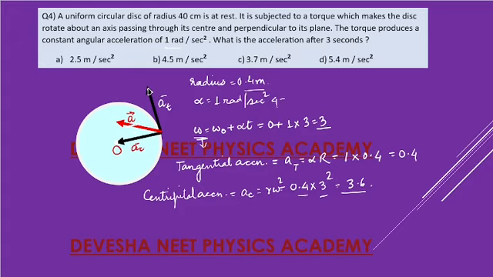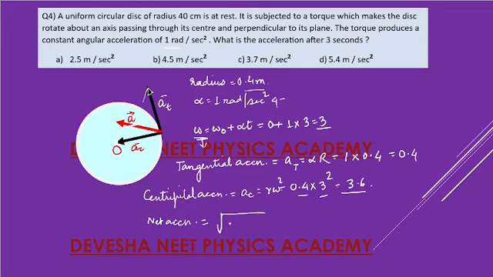Now if you look at this, how do you find the net acceleration? This will be the hypotenuse, the resultant of these. Because they are acting in two perpendicular directions, the net will be the square root of the sum of their squares.